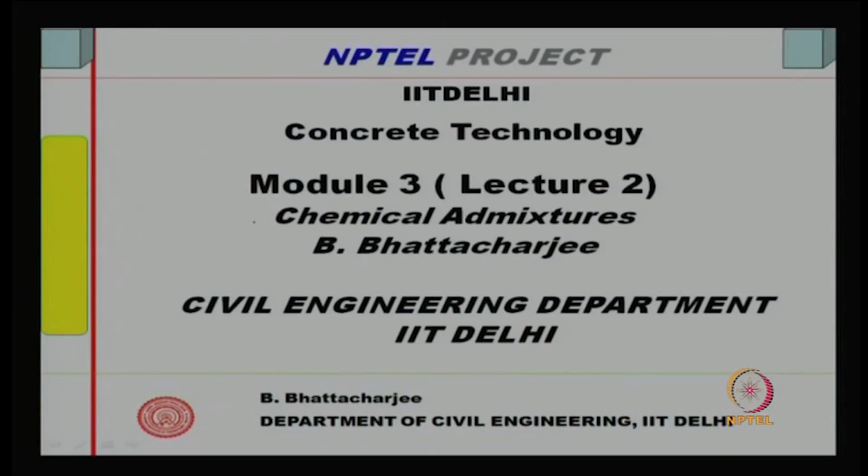If you recall, last class we talked about water reducing agent, and then we said you can use the water reducing agent to minimize the cement consumption at a given workability, increase the workability at a given level of strength, and use the water reducing agent simply to increase the workability alone.